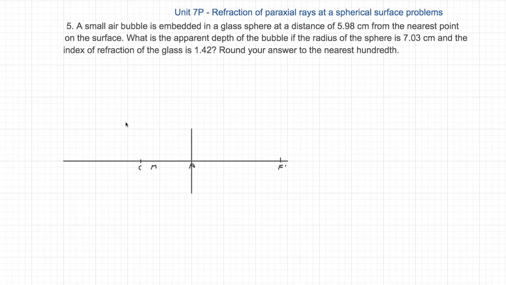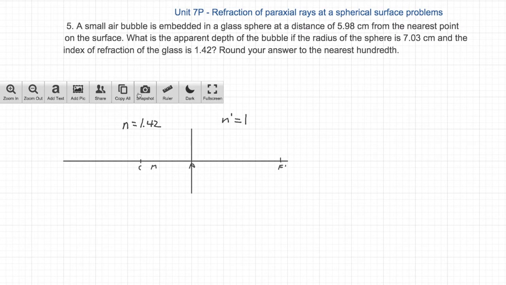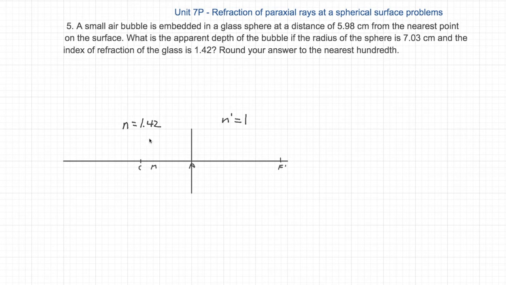So we have our diagram already drawn. We know n equals 1.42 and n prime equals 1. Now here's an example of an index on the left side of the surface being greater than the index on the right side.